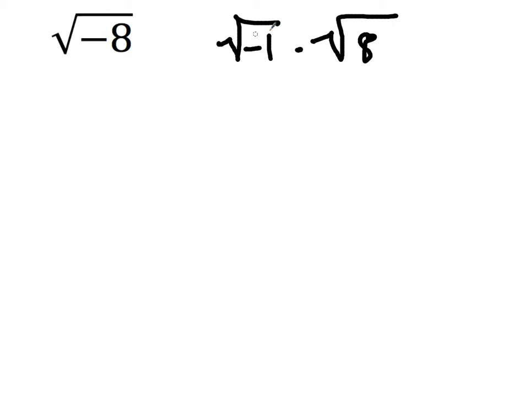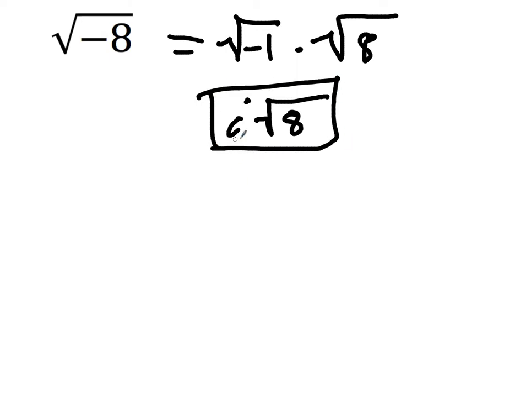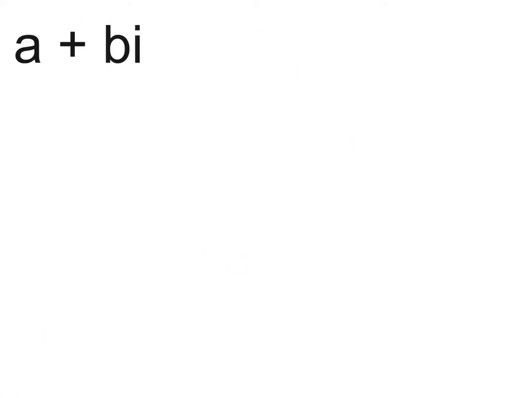You can separate this. These are the same thing. Well, the square root of -1 is equal to i. i is the symbol that we use to mean the square root of -1. So you could write this, the square root of -8, as i times the square root of 8. That's how you write it as an imaginary number.